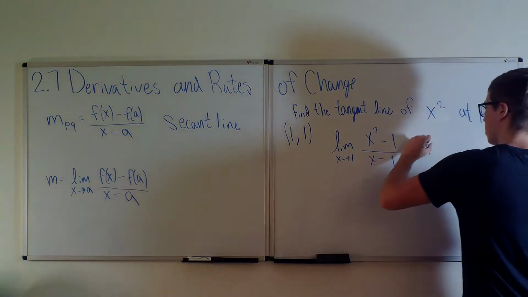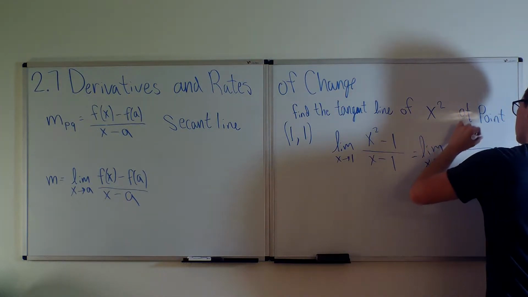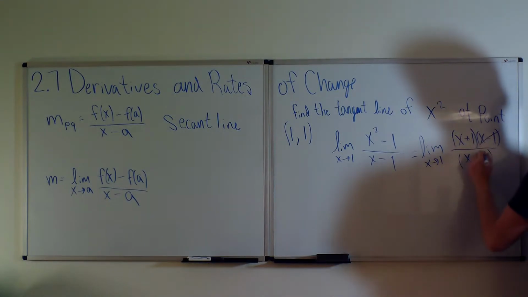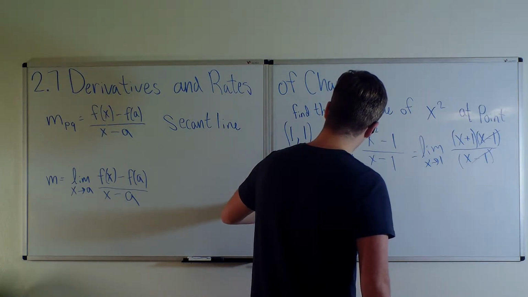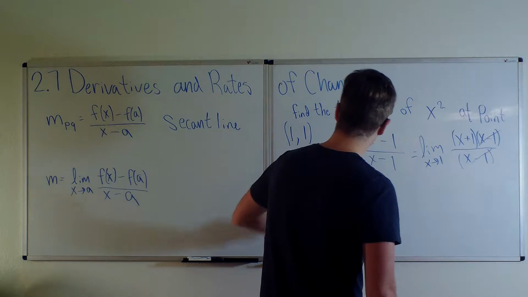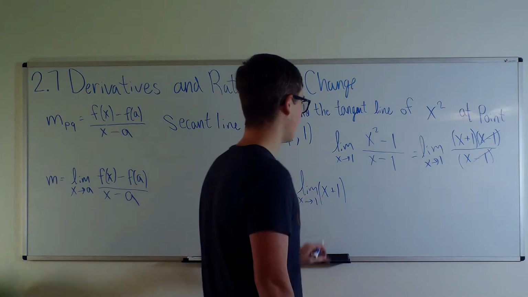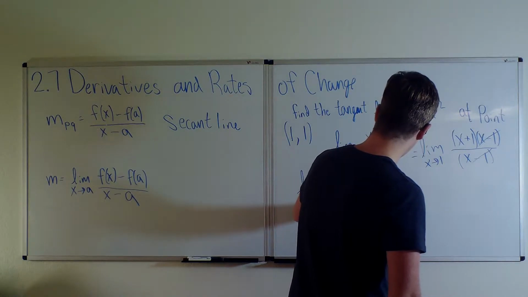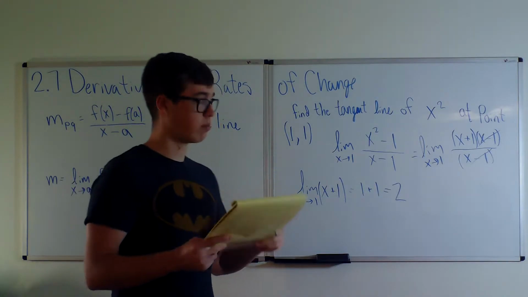That's the same as the limit as x approaches 1 of (x plus 1)(x minus 1) over x minus 1. The x minus 1 cancels out, so you have the limit as x approaches 1 of x plus 1. Plugging in 1 gives 1 plus 1, which equals 2.